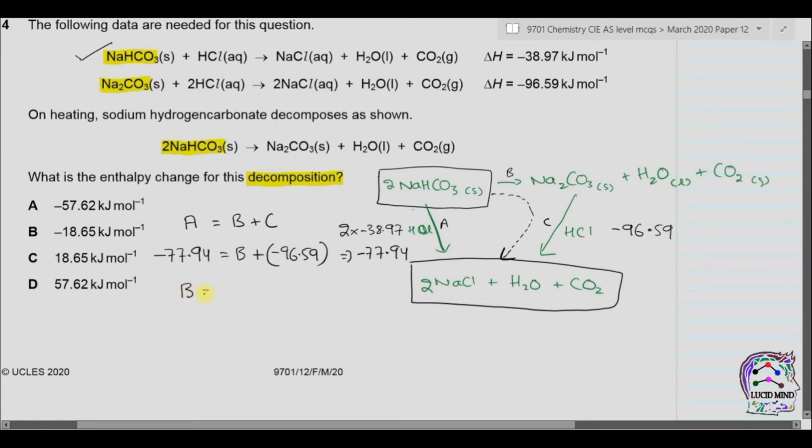So B is equal to minus 77.94 plus 96.59, and therefore it is 18.65 kilojoules per mole. So the answer is positive, so it is C.